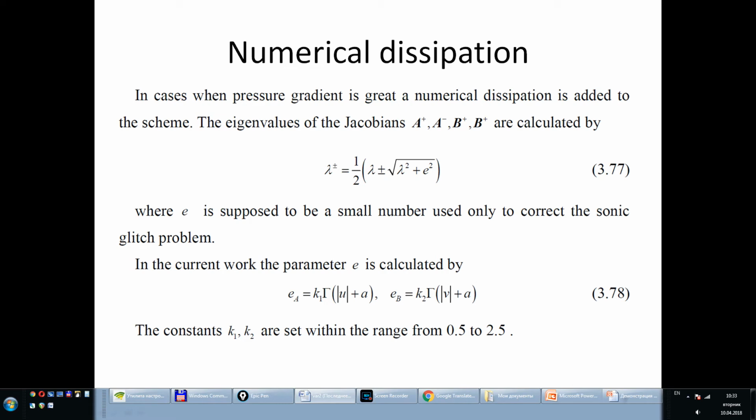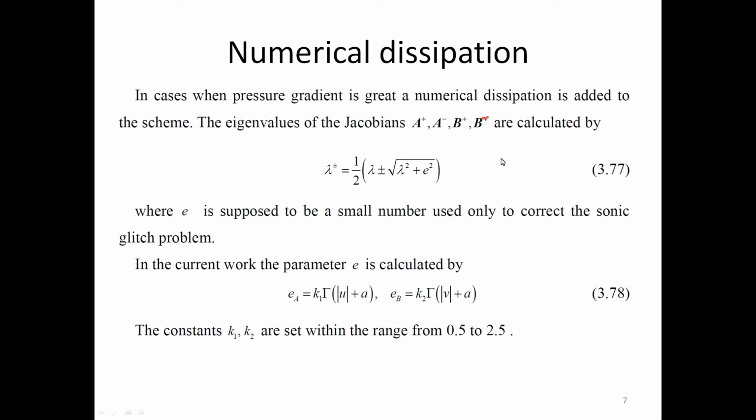In cases when pressure gradient is great, a numerical dissipation is added to the scheme. The eigenvalues of Jacobians A plus, A minus, B plus, B minus are calculated by the following formula, where, as you remember, lambda is the eigenvalue of these Jacobians.